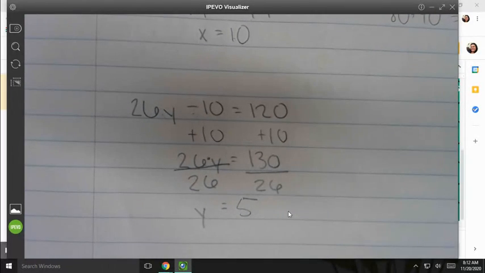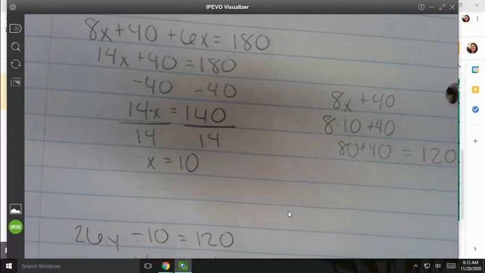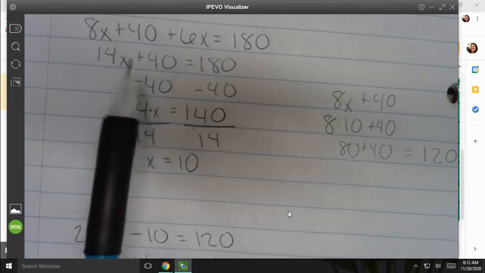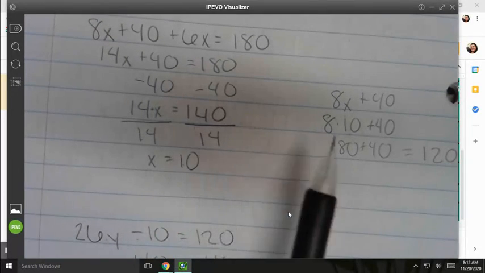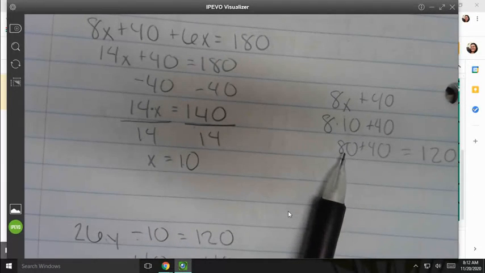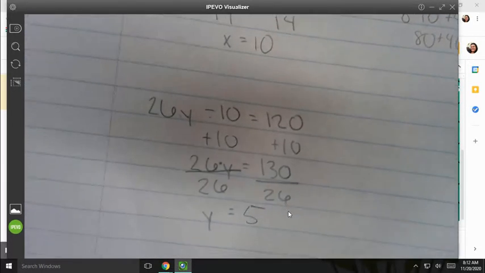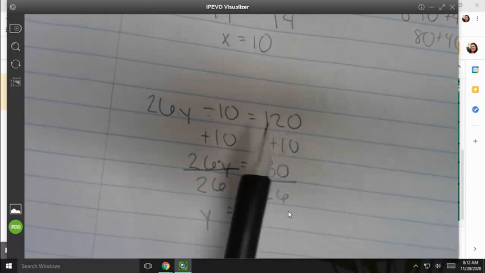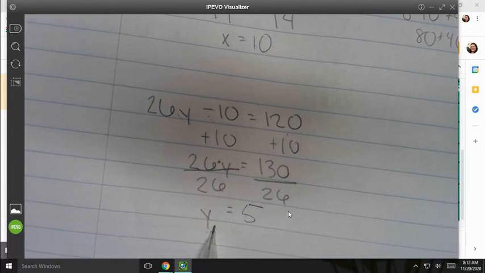So we just solved through. On this one, we ended up having to do 3 steps. We had to solve for x, then we had to solve for the actual measure of the obtuse angle, and then we had to use that measure to solve for y.